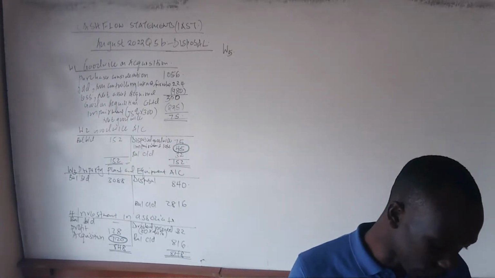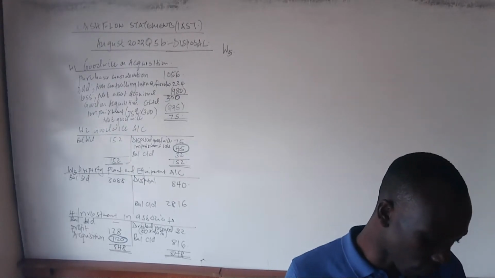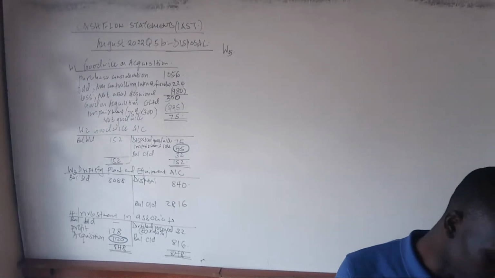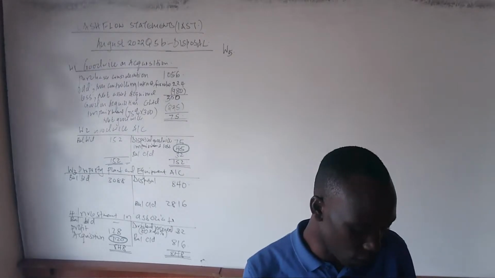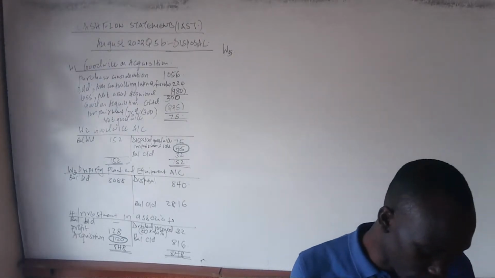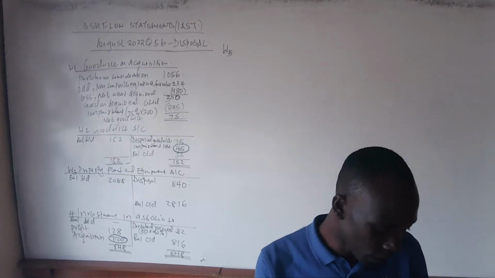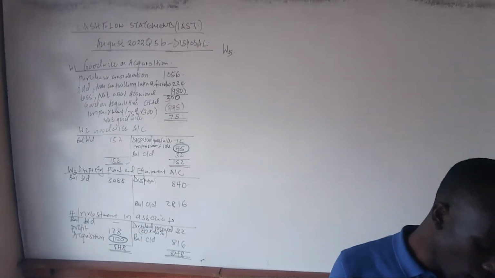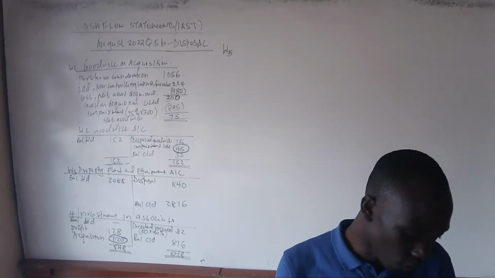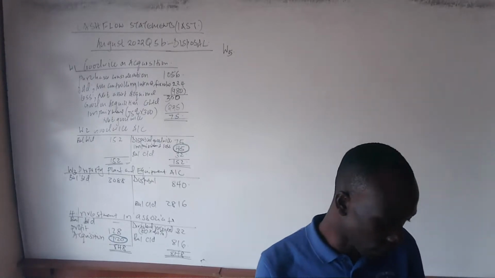Number 6, we are told that on 1st April 2021, W Limited commenced development expenditure on product Q. The product is expected to be launched in the year 2023. Amortization on other intangible asset is included within the cost of sales.